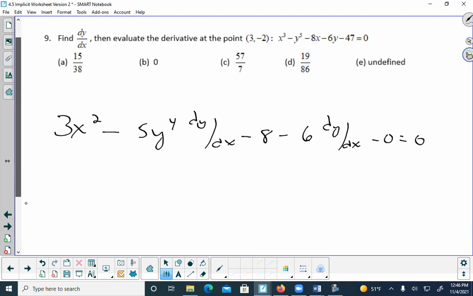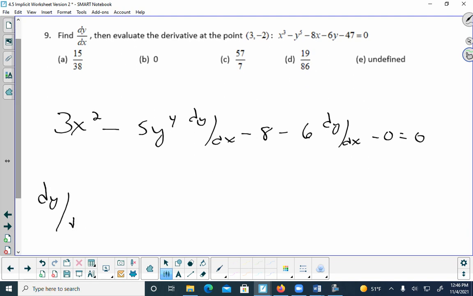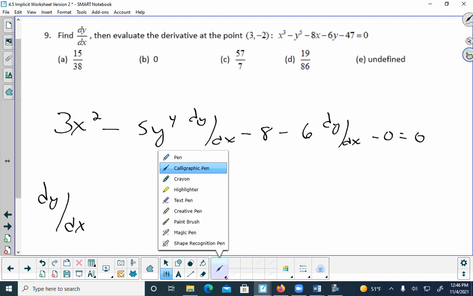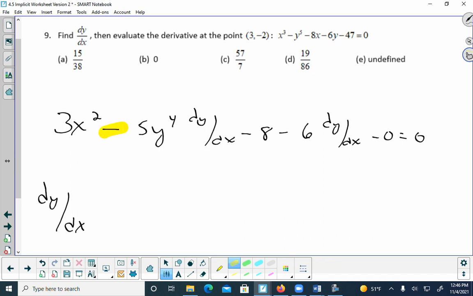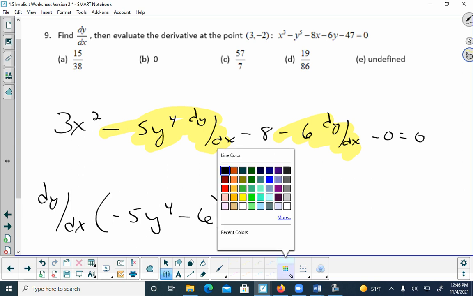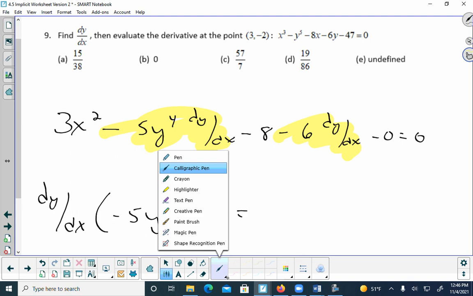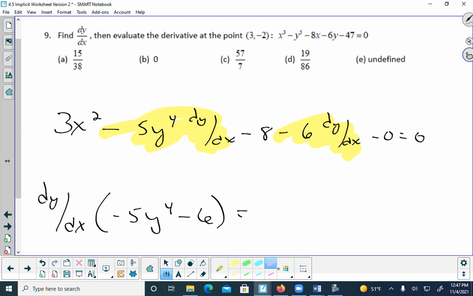So anything with the dy/dx is going to stay on this side. So if I'm highlighting, I am going to have this negative 5y to the fourth and this negative 6. So that is going to be negative 5y to the fourth minus 6. And that's equal to taking everything else over to the other side, which means the signs are going to change. So this will go over to the other side. Now it'll be negative. This will go over to the other side, and now it'll be positive.